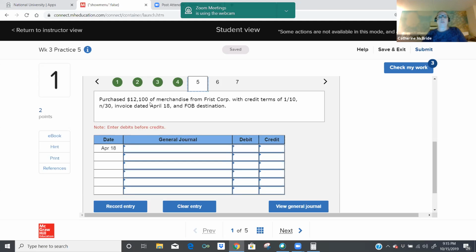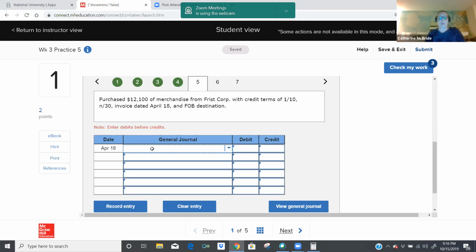Now we purchased $12,100 of merchandise from Frist Corp. Okay, I'm doing it again. I'm taking a sheet of paper and I'm saying accounts payable, Frist, and I have a credit of $12,100, and I get a 1% discount if I pay early.